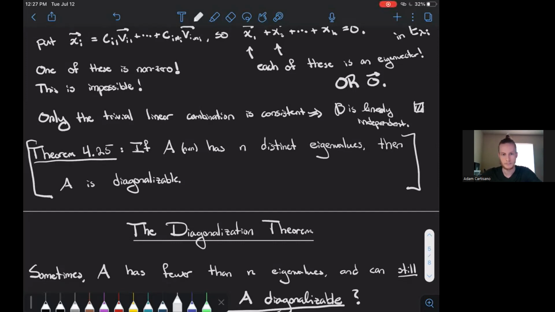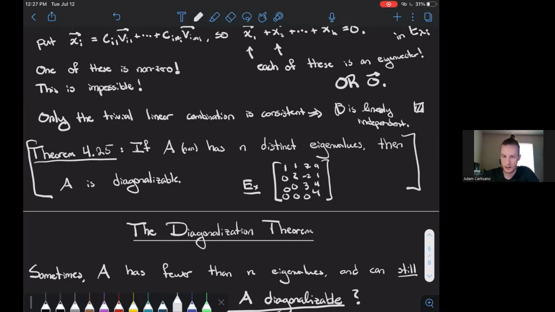That's pretty nice. So for example, 1, 2, 3, 4 on the main diagonal, and some upper triangular matrix like this. For an upper triangular matrix, from the last section, the eigenvalues are the numbers on the main diagonal.